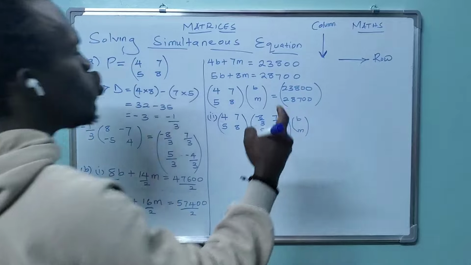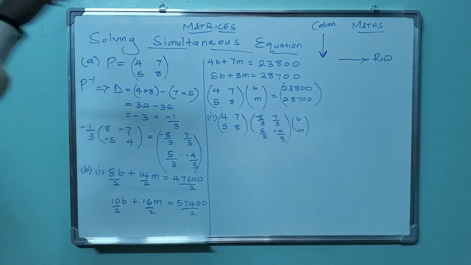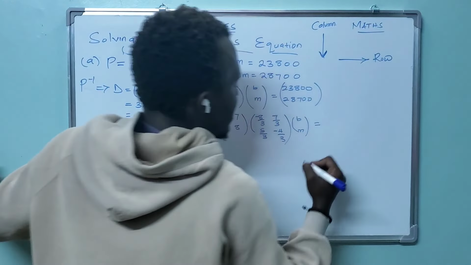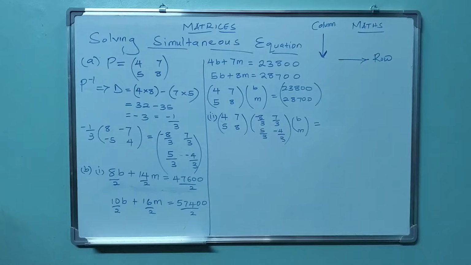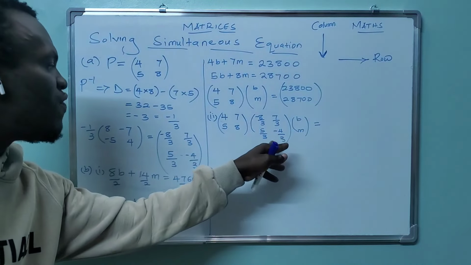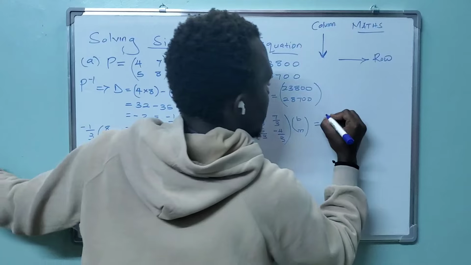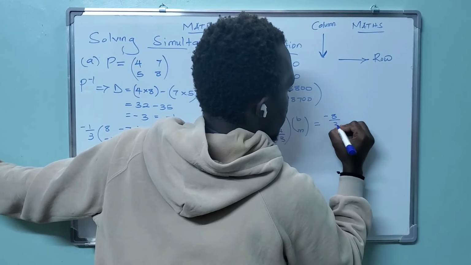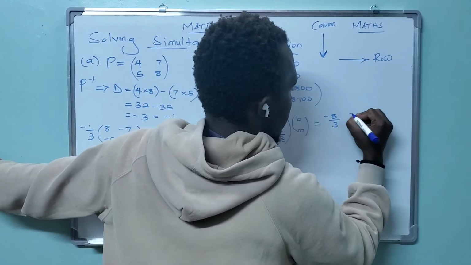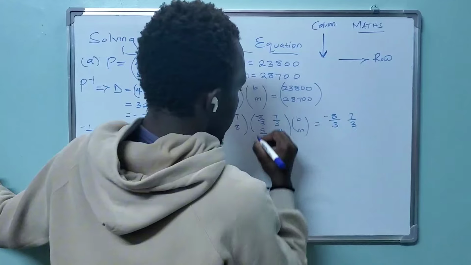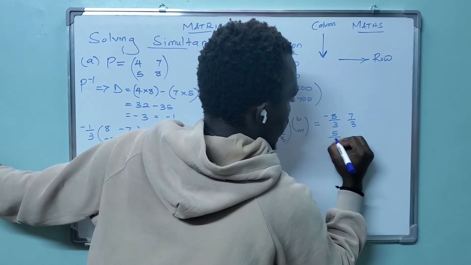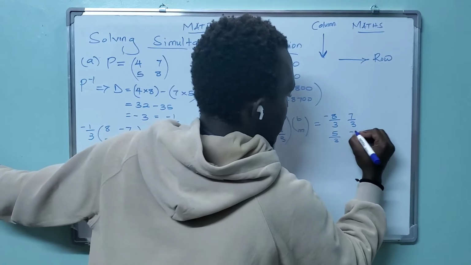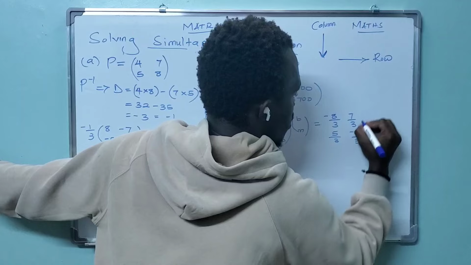Now, whatever you do on your left-hand side, you're going to do it on the right-hand side. So on the right-hand side, remember I said, for easier multiplication of that matrix, you have to begin with the inverse. So I'm going to begin here with the inverse, which is negative 8 over 3, 7 over 3, then 5 over 3, then negative 4 over 3.